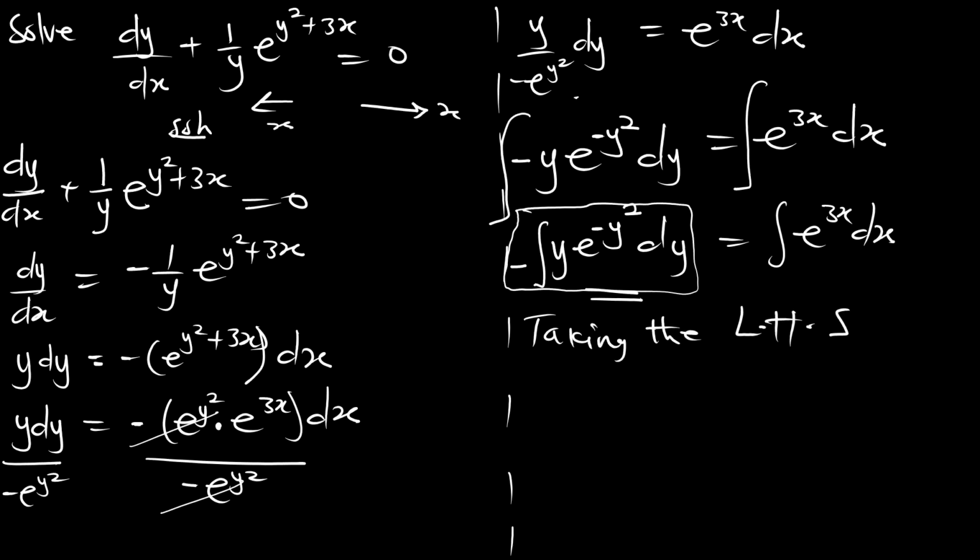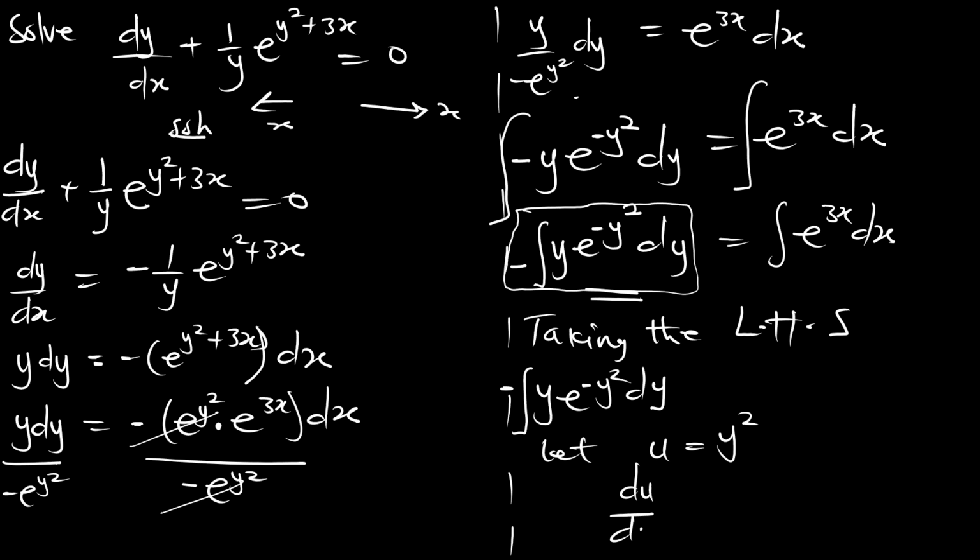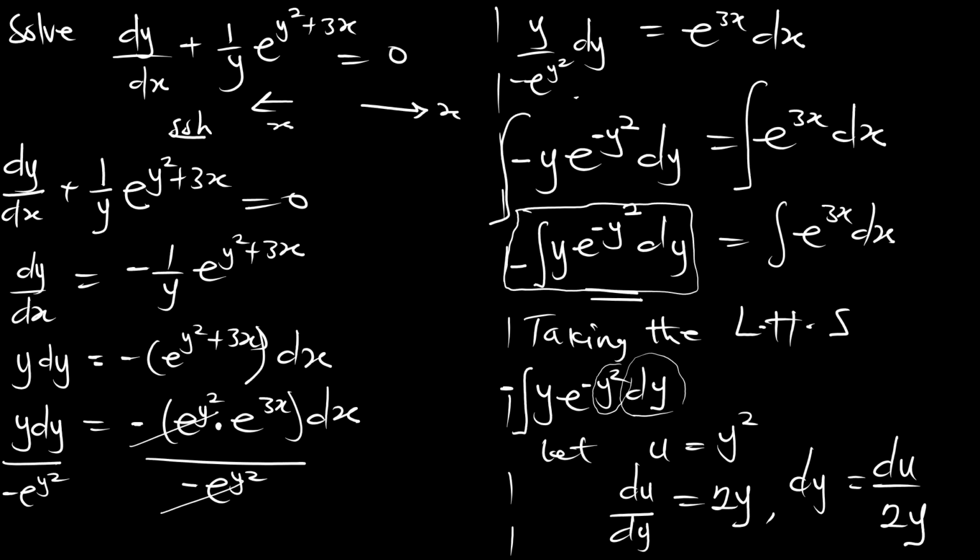If I'm to solve the negative integral of y e^(negative y²) dy, what I will do is let u be equal to y². Now du/dy is going to be 2y, where my dy is going to be du over 2y. So I'm going to replace y² with u.